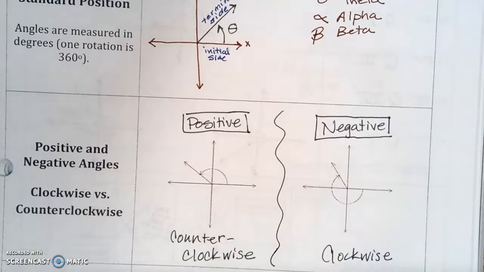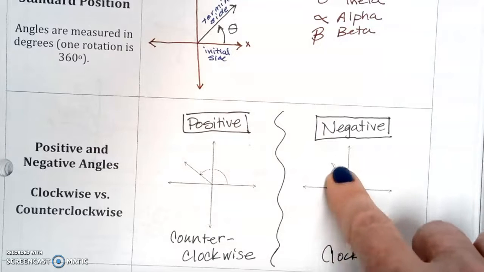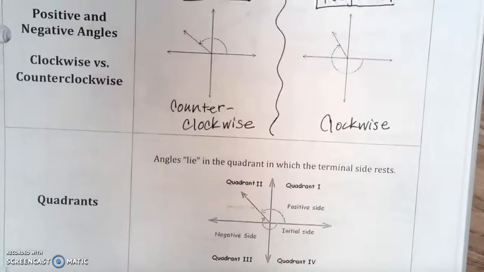Those are going to be your positive angle measurements. And when they start at 0 and go clockwise, they're going to be negative. Any questions on that? That's pretty straightforward.